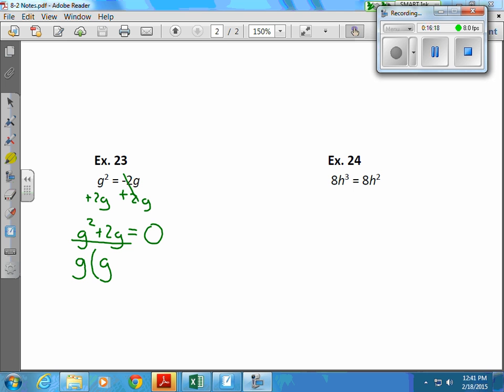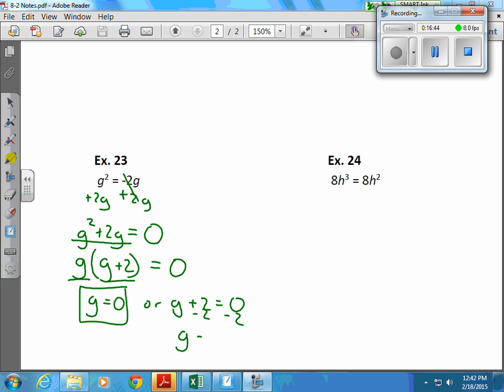We're left with g plus 2 equal to 0. Then we can use our zero product, and either g is equal to 0, or g plus 2 has to be equal to 0. So that's one of our possible values of g. The other is, I subtract 2 from both sides, then g would be -2.